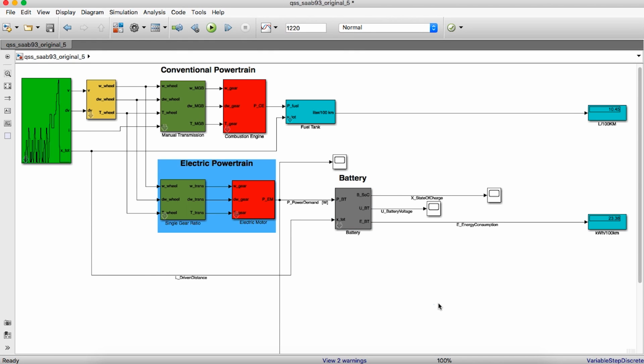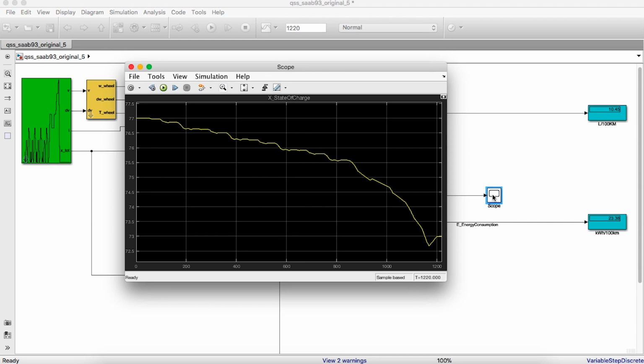Let's look at the state of charge output after we have been running a simulation. We initialize the model at 77%, and we will end up with 73%. When the state of charge goes positive, it is due to the regenerative braking, which electric cars are able to do.